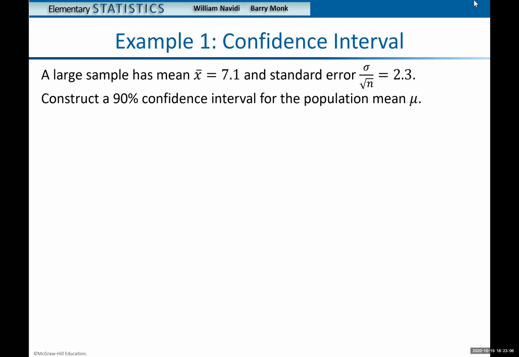All right, so an example here. A large sample has a mean of 7.1 and a standard error of 2.3. Construct a 90% confidence interval for the population mean mu.